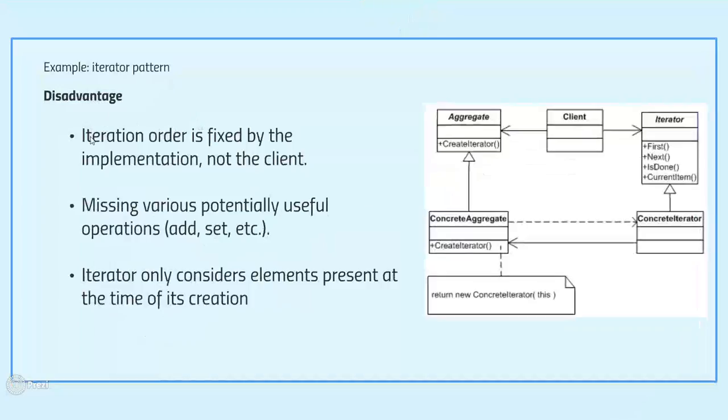So what's the disadvantage of this iterator pattern? First, the iterator order is fixed by the implementation, not by the client, which basically says your client has no control of the order of your iteration.